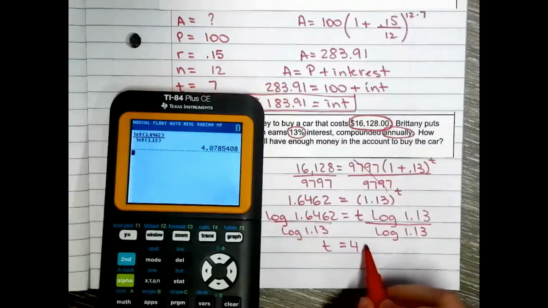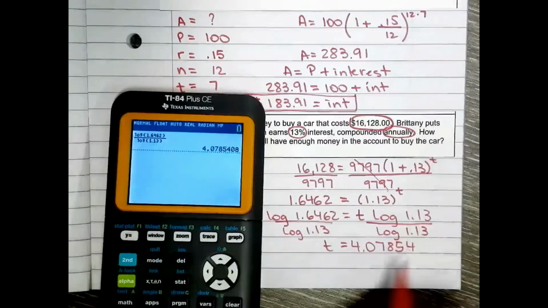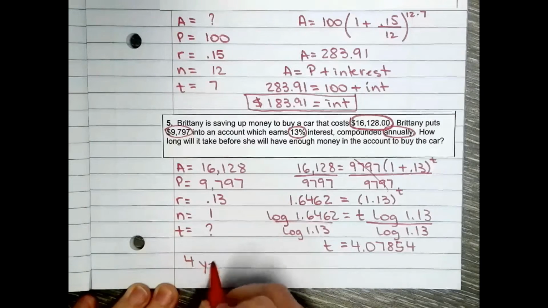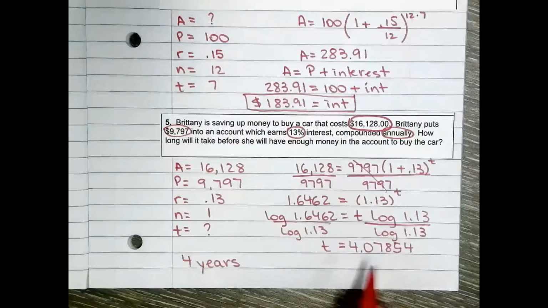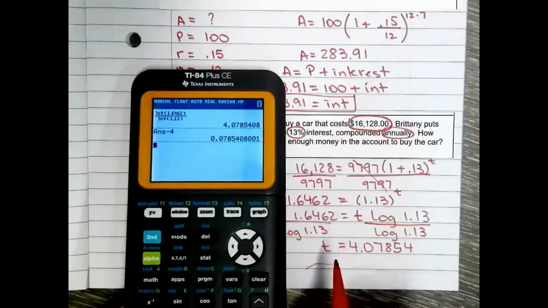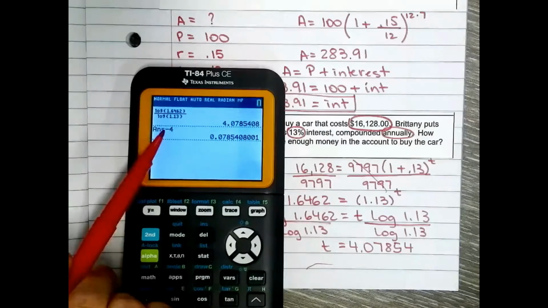So 4.0784. So I know 4 is definitely 4 years, okay? Now I need to figure out how many months these decimals would be. So minus 4. I know I have 12 months in a year. So I'm going to get these decimals. Look that I took away 4.